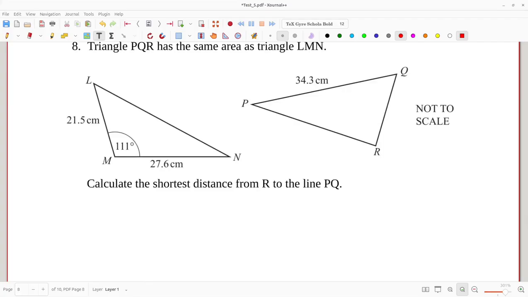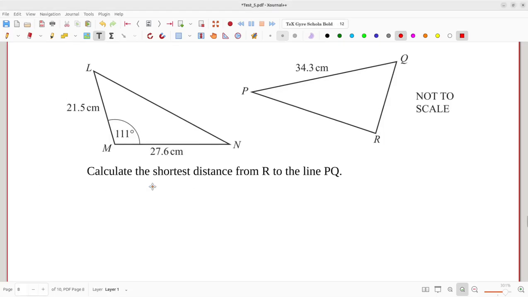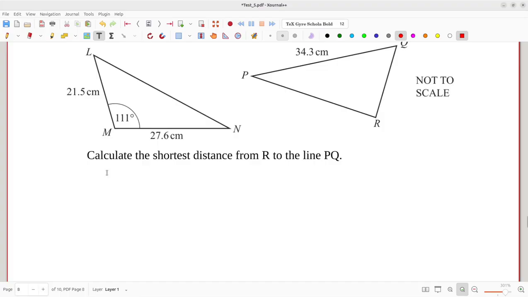Next question. Now this is a question on application of area. And then maybe just a small recap on the concept of area. There are two ways in which we calculate the area of a triangle. So the area will be equal to half base times the perpendicular height.